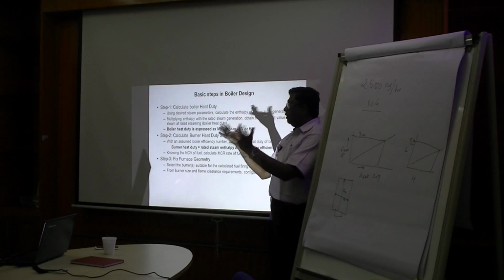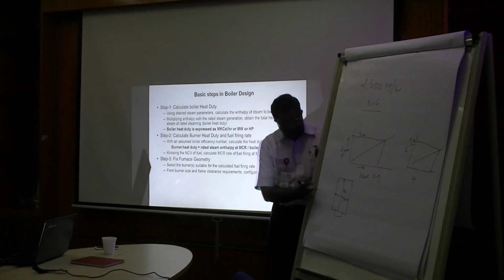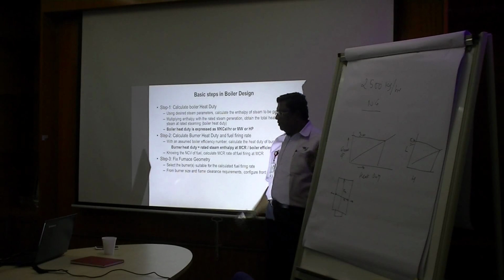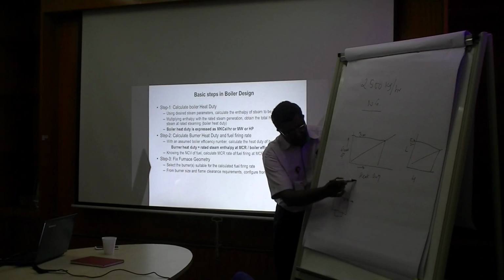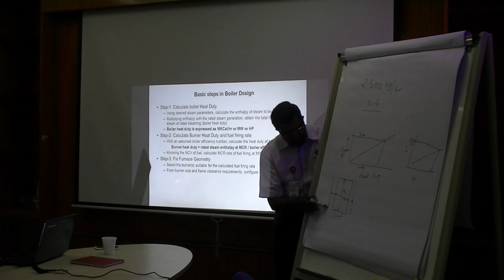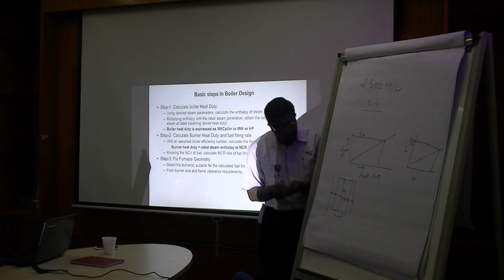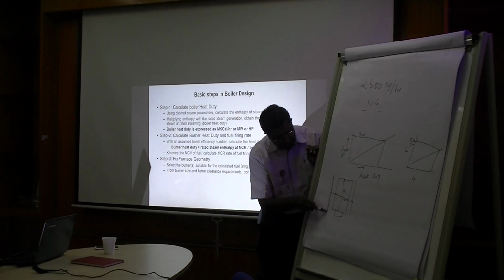So this we can actually call the flame envelope. Then we have some margin, usually supposed to be 300 millimeters on each side. That becomes the furnace wall. So this is your furnace wall, the blue color.